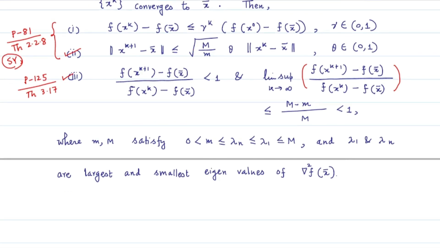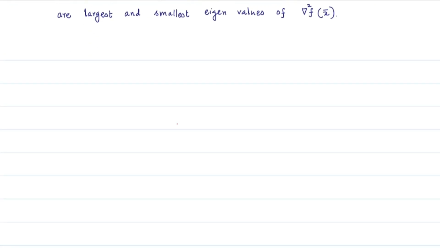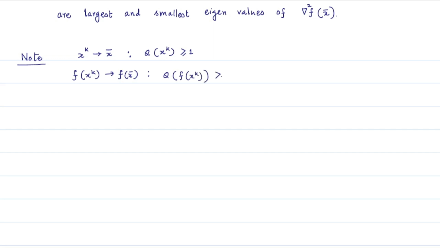I write these two observations neatly as a note: the sequence xk converges to x bar with q order of convergence at least 1. The sequence f(xk) converges to f(x bar) with q order of convergence at least 1.